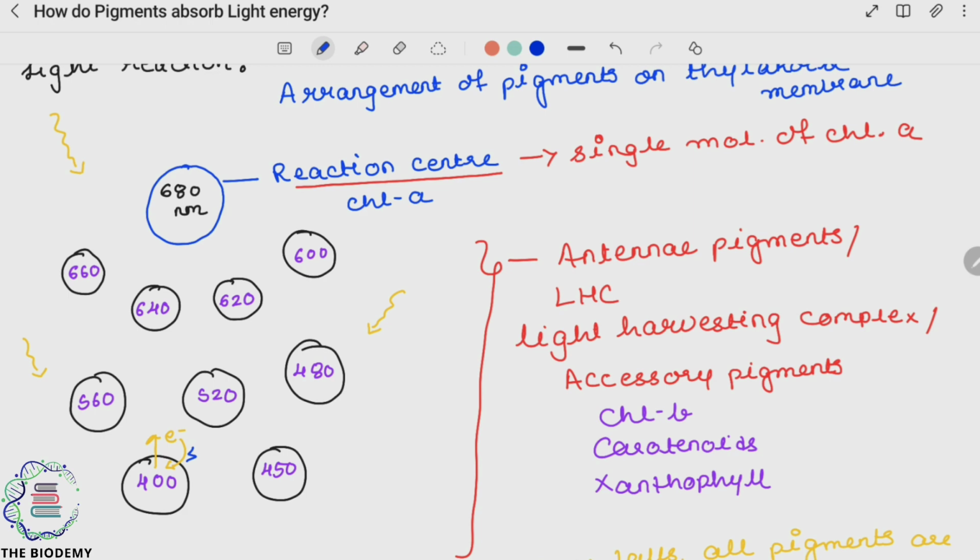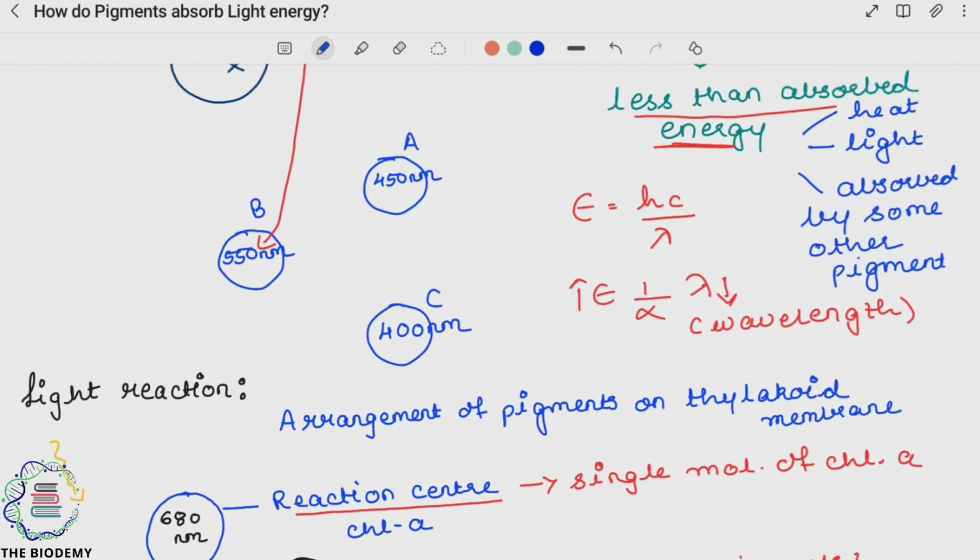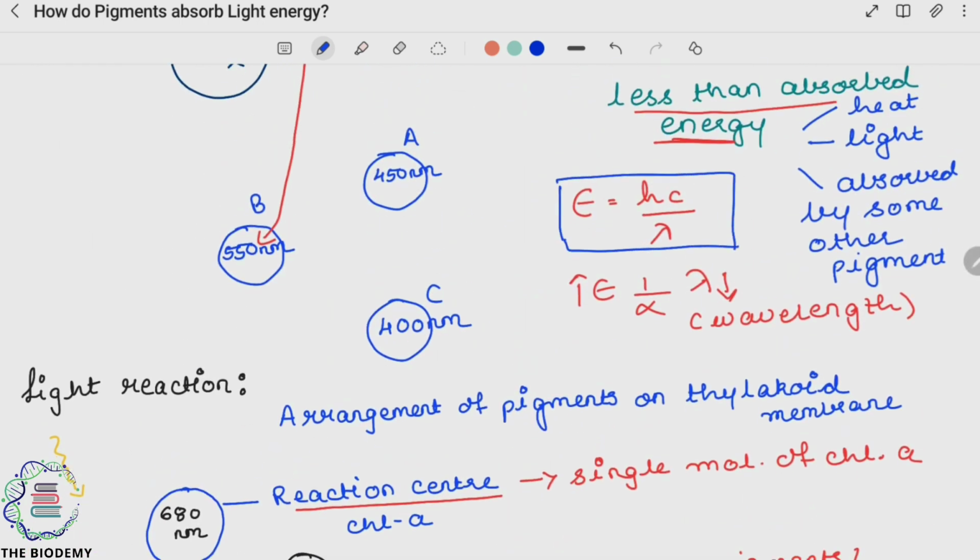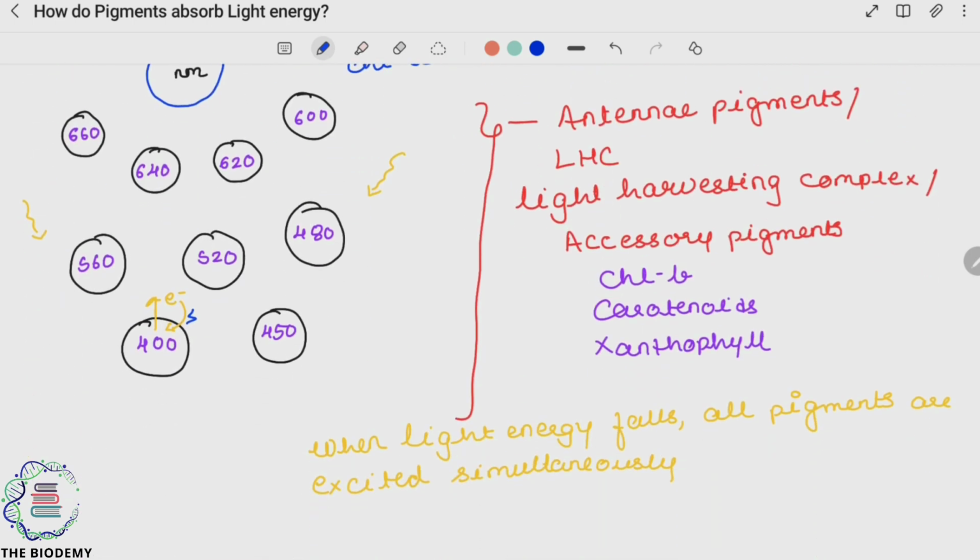This energy it can transfer to a pigment with a higher wavelength and lower energy. Remember, we just now said that E is inversely proportional to lambda. So this energy from a pigment with 400 nanometer wavelength can be transferred to a pigment with lower energy and higher wavelength. So it will transfer its energy to the pigment with 450 nanometer.